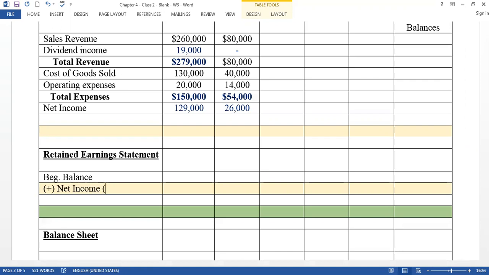If we had any net loss, it would be different, but as our question does not have any net loss, it is beginning balance plus net income, then can you remember, minus dividend declared, equals ending balance of retained earnings.